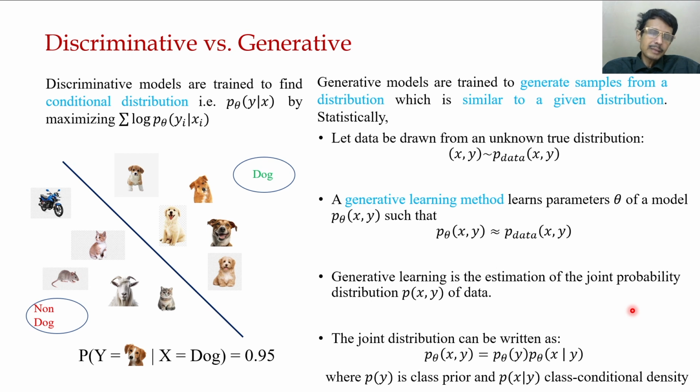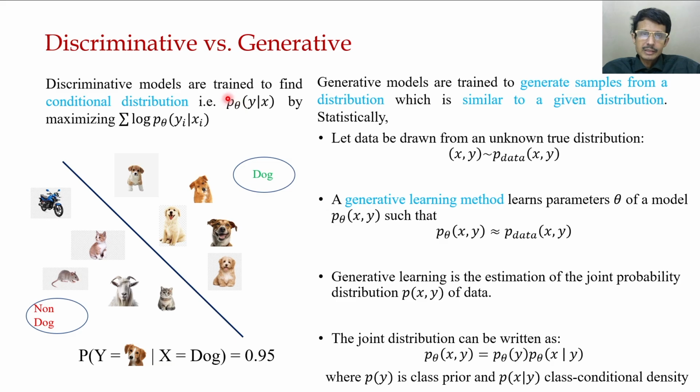So what is the basic difference between discriminative learning and generative learning? What we have discussed so far, the discriminative models, are trained to find the conditional distribution.